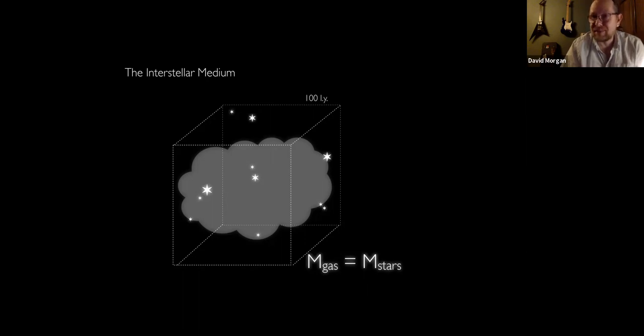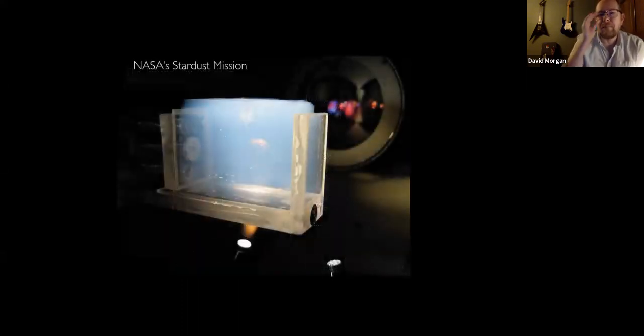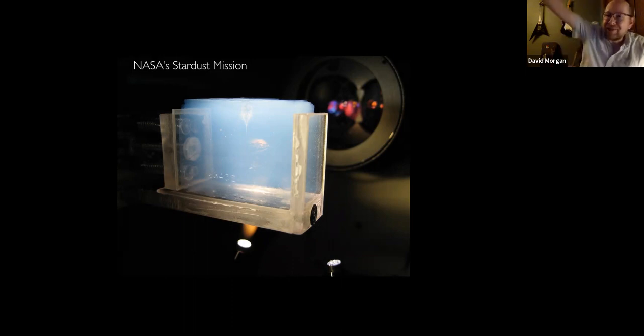So the interstellar medium is important. One way to think of it is it's just as important as the stars, right? There's just as much stuff between the stars as in the stars, so we shouldn't neglect it. NASA tried a mission to sample bits of interstellar dust, and obviously it's not exactly interstellar dust because we're not leaving our solar system.